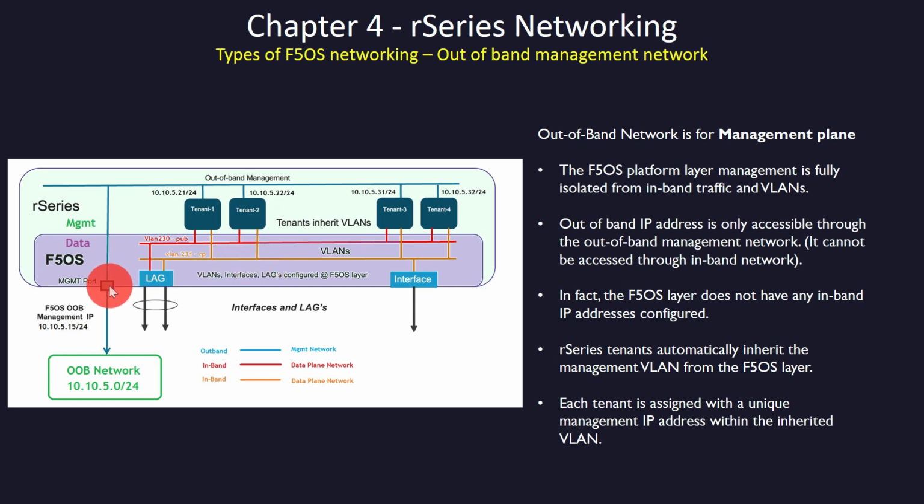rSeries tenants automatically inherit the management VLAN from the F5OS platform layer. Each tenant is assigned a unique management IP address within the inherited VLAN. As shown in the diagram, the platform F5OS is connected to the management subnet, which is 10.10.5.0/24.